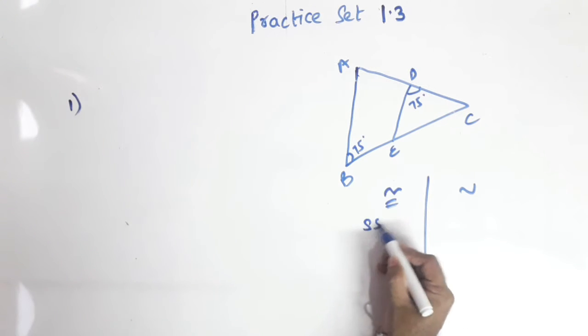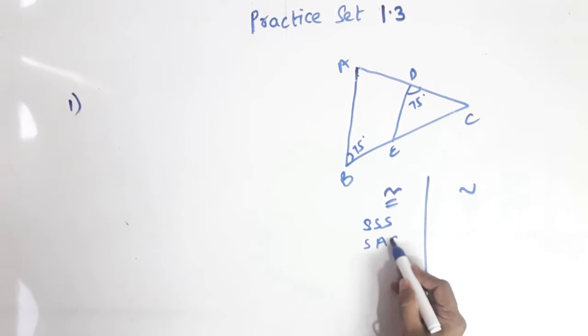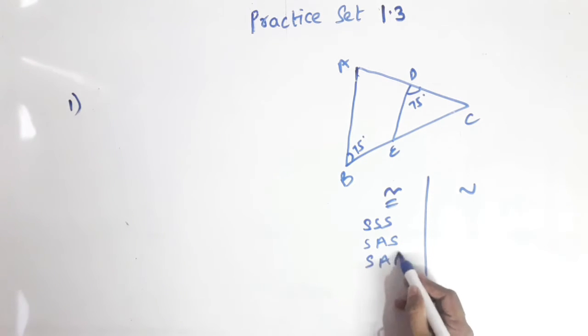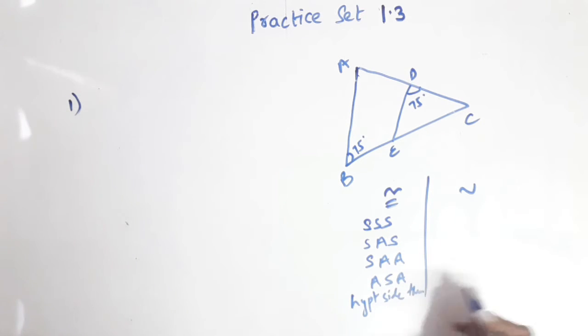In congruency we have side side side, then side angle side, then angle side angle, and then hypotenuse side theorem. These are the 5 tests by which we can prove that two triangles are congruent.